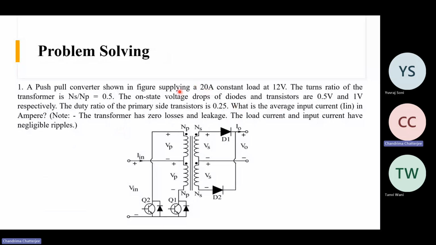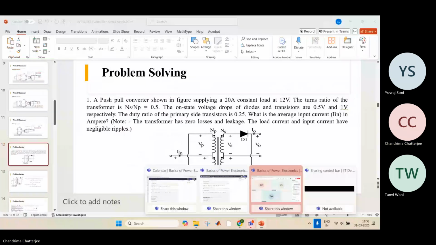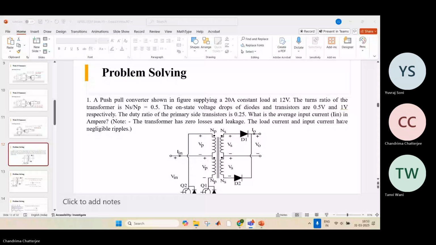So the converter is 20 ampere. Just a second. The screen is visible, right? Yes, ma'am.